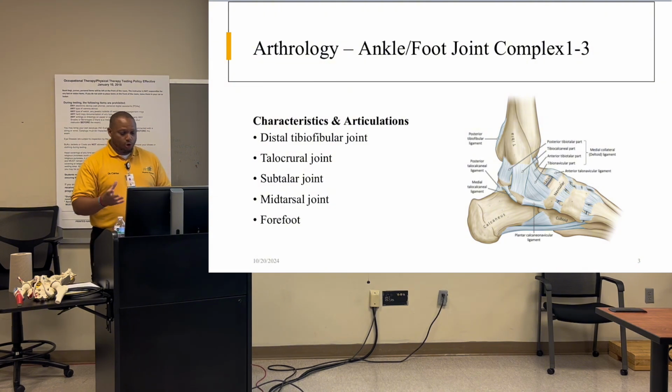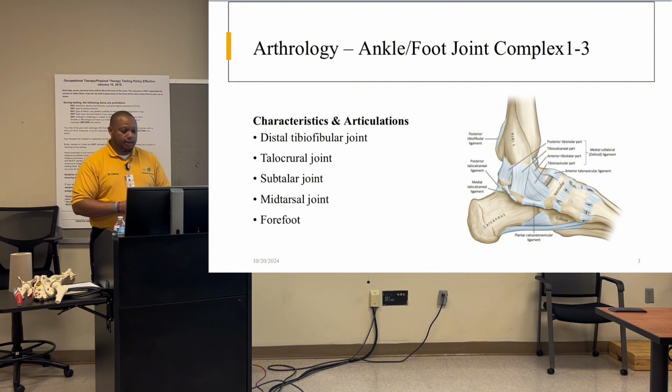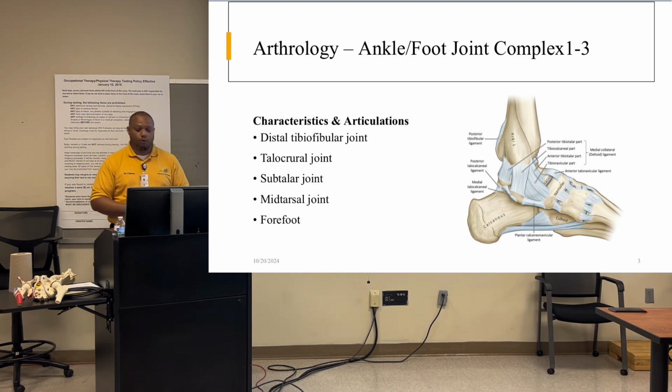You have the midtarsal joint, the articulation between the talus and the navicular, and also other osseous structures. And the forefoot. Forefoot starts with the articulation of the metatarsals and your cuneiform bones, as well as your cuboid.